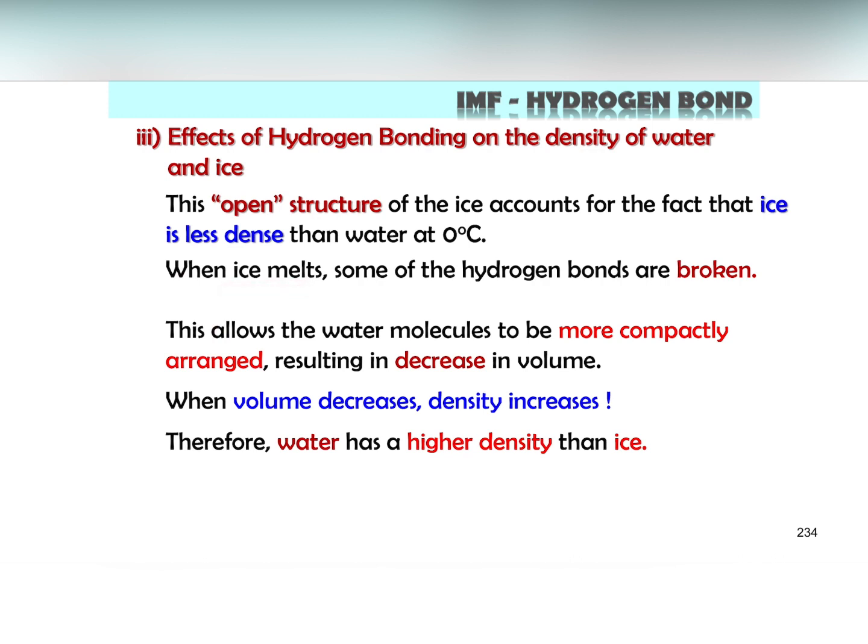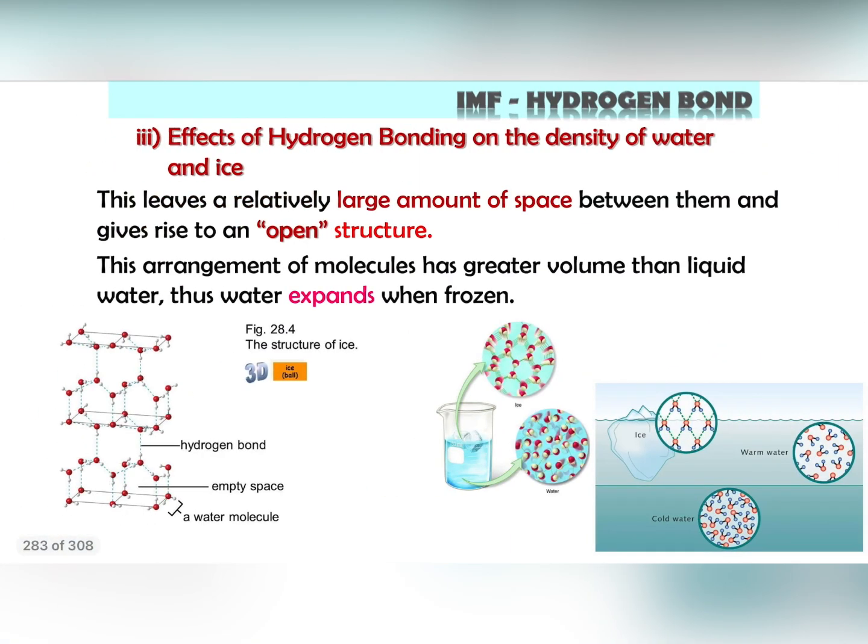So bila kamu bagi energy in form of heat, so ice itu akan melt. So maksudnya apa? You are breaking the hydrogen bond dalam ice tu. So this will allow the water molecule to be more compactly arranged, and this will result in decrease in volume. Okay, so maksudnya apa tadi? Kita dah break the hydrogen bond. So this open structure tu no longer exist lah.